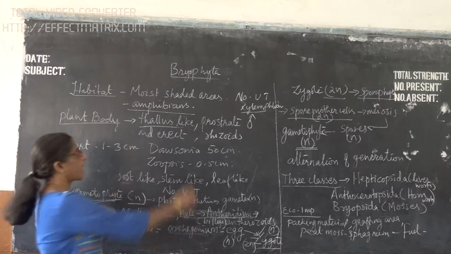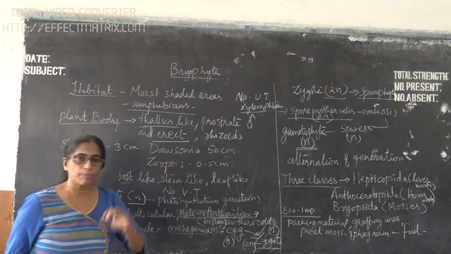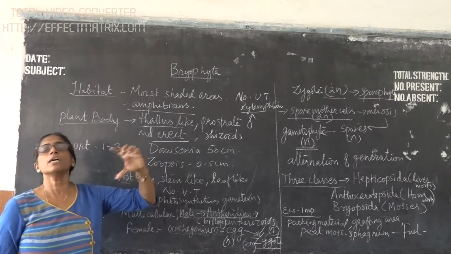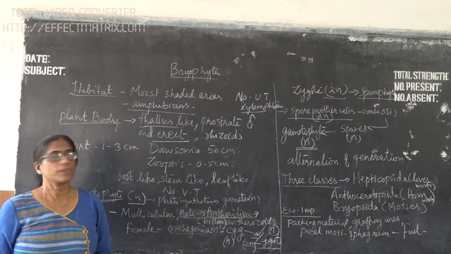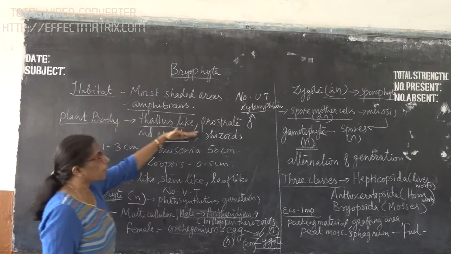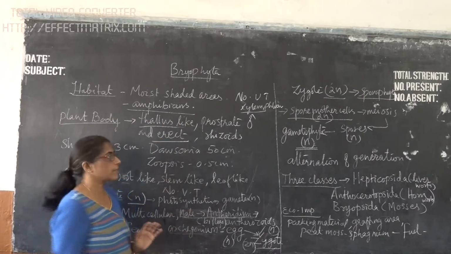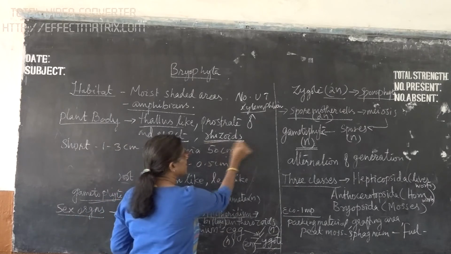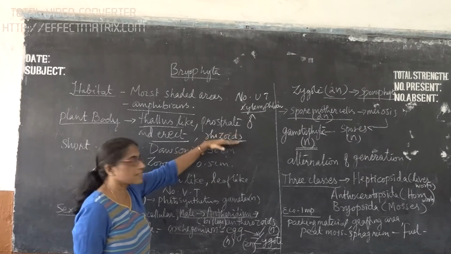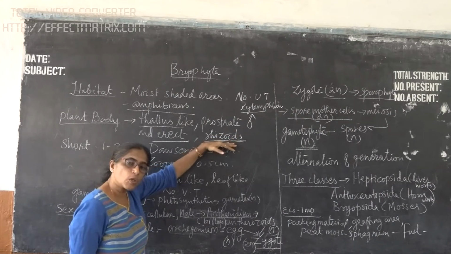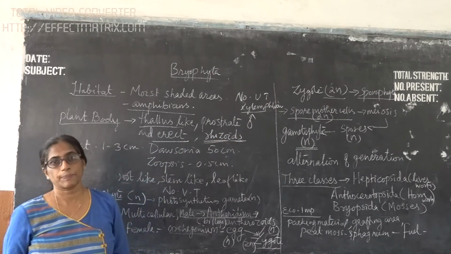And some members have an erect plant body, that means it grows above the soil. The plant body attaches to the substratum by means of root-like structures called rhizoids. These rhizoids may be unicellular or multicellular.